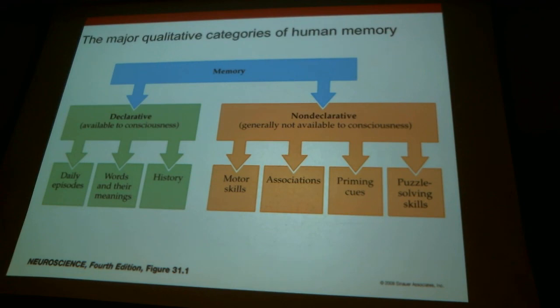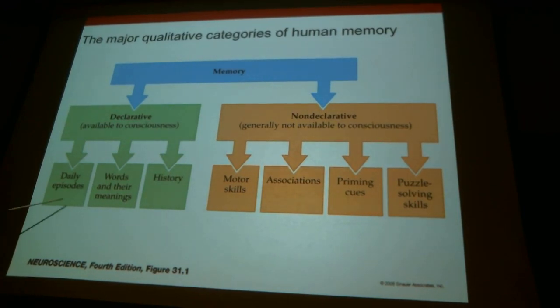So psychologists divide memory, and this is human memory, into two broad categories that you would call declarative, something that you're aware of, and non-declarative, which encompasses everything that you're not aware of.